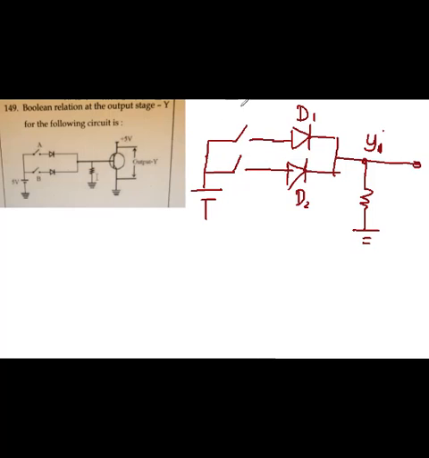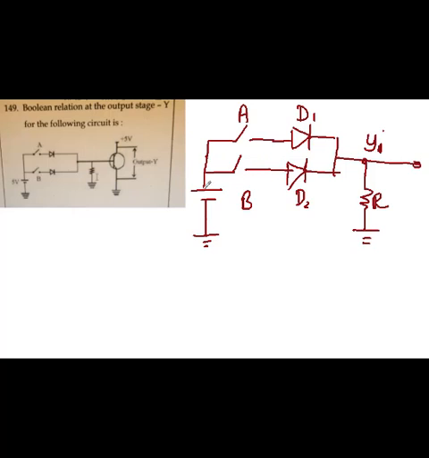So this is called input A, this is called input B. Here the output Y1 is actually the voltage across this resistor R. For getting a voltage across the resistor, you need a current flowing in it, and that current should come from the diodes, and the diodes should get the current from the battery. But if switches A and B are open, then the diodes are not biased, there will be no current and there will be no output.